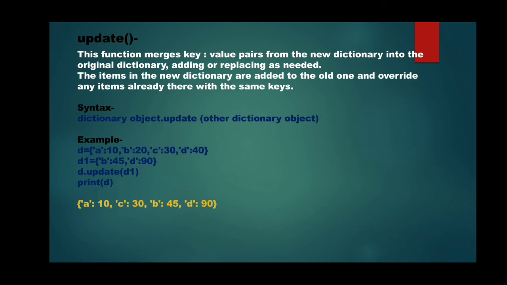See, first of all, you can see that the value of B is changed from 20 to 45 and the value of D is changed from 40 to 90. Now what will happen to D1? See, D1 is not updated at all. Its values are utilized by D, but no changes are made in the dictionary passed as an argument.